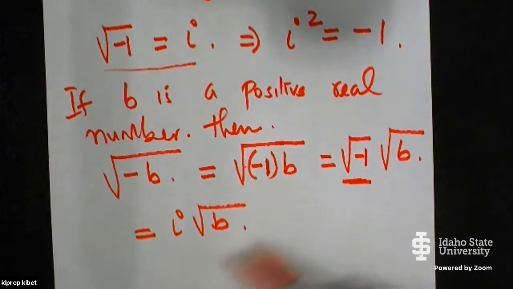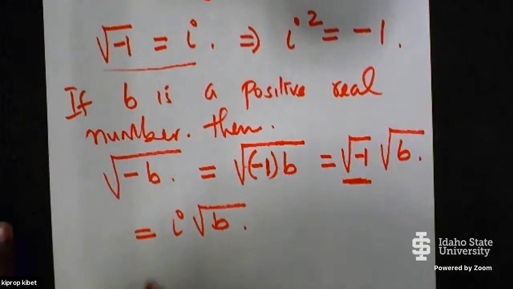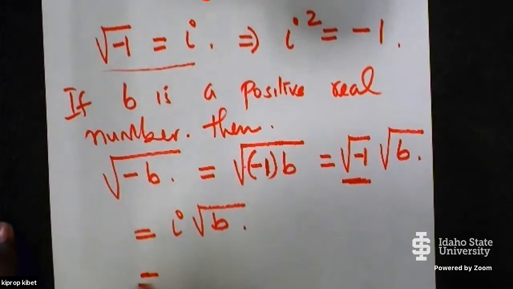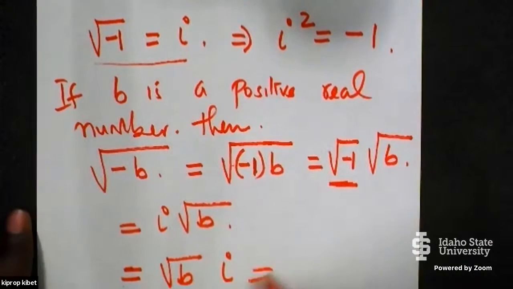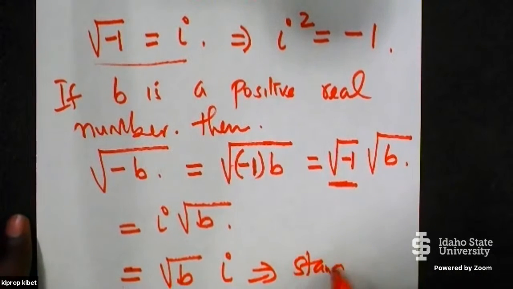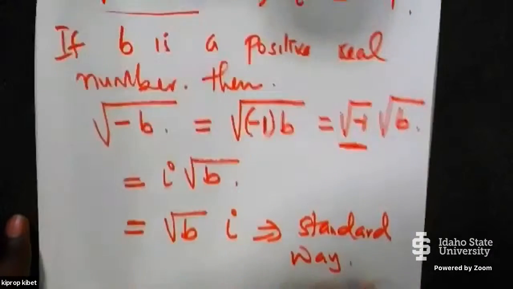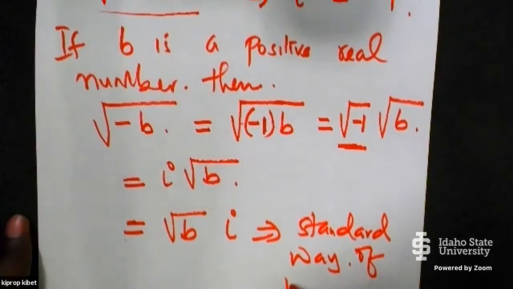So this is not the standard way of writing this. We usually write the square root of b, and then i on the other side. This is the standard way of writing.